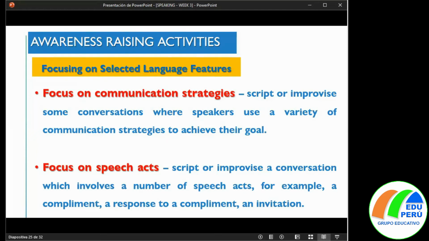Remember, the conversation that I present to my students is a conversation where one student is going to say, oh yeah, this is the place where we save our money, or this is the place where we pray to God. And the other says, oh yes, I think it's church. So they start talking. What would be the function, the speech act?